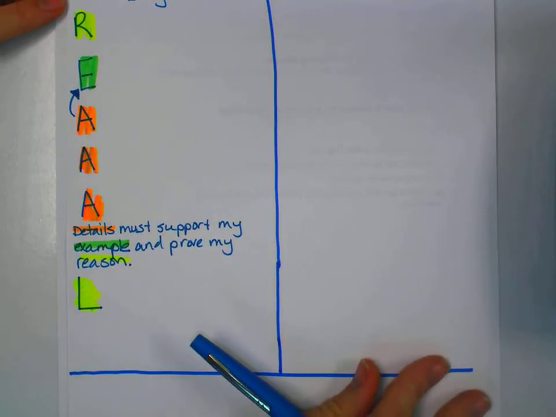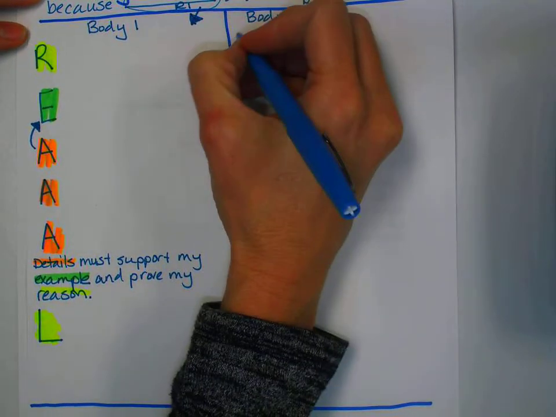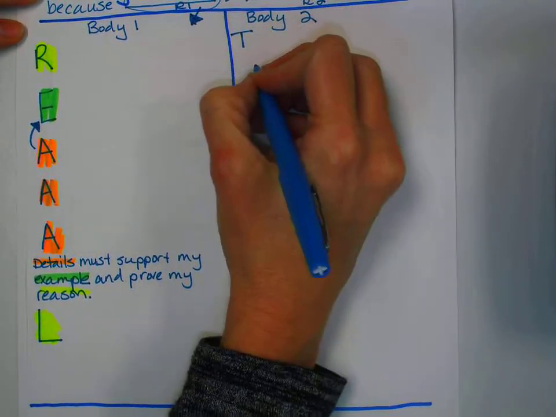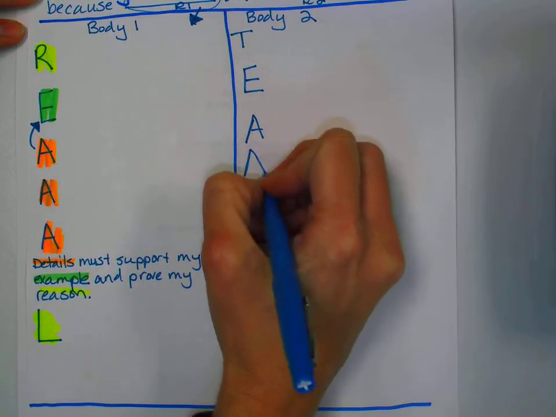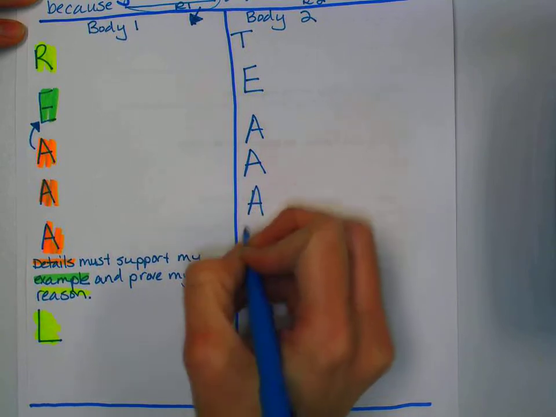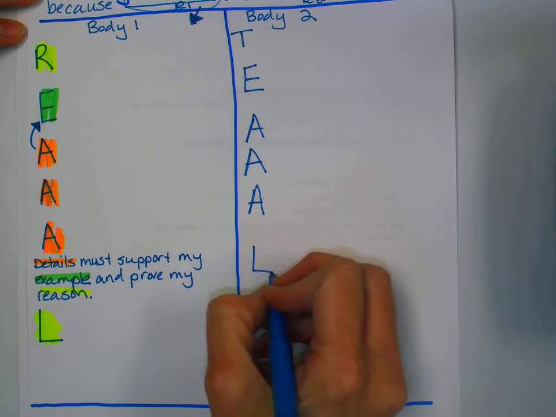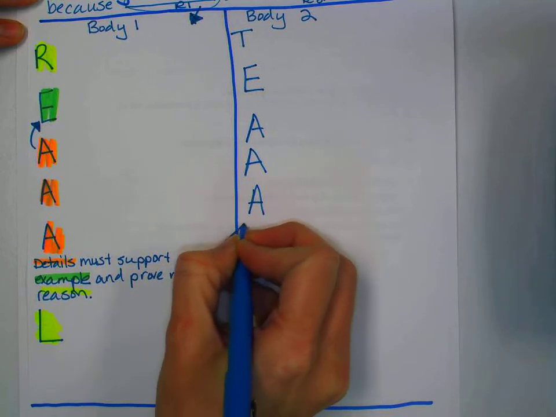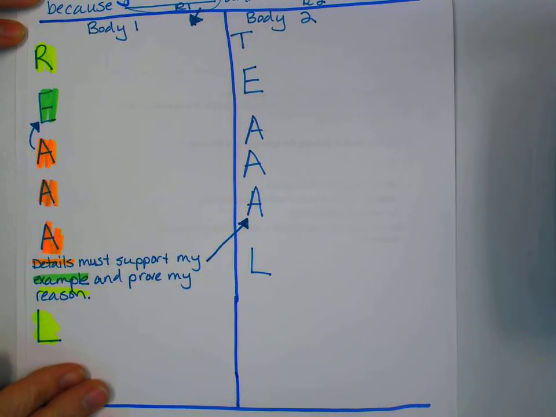Now for body 2, I'm going to have teal. And again, all your details are going to be this. Okay, for body 2, I'm going to have teal.